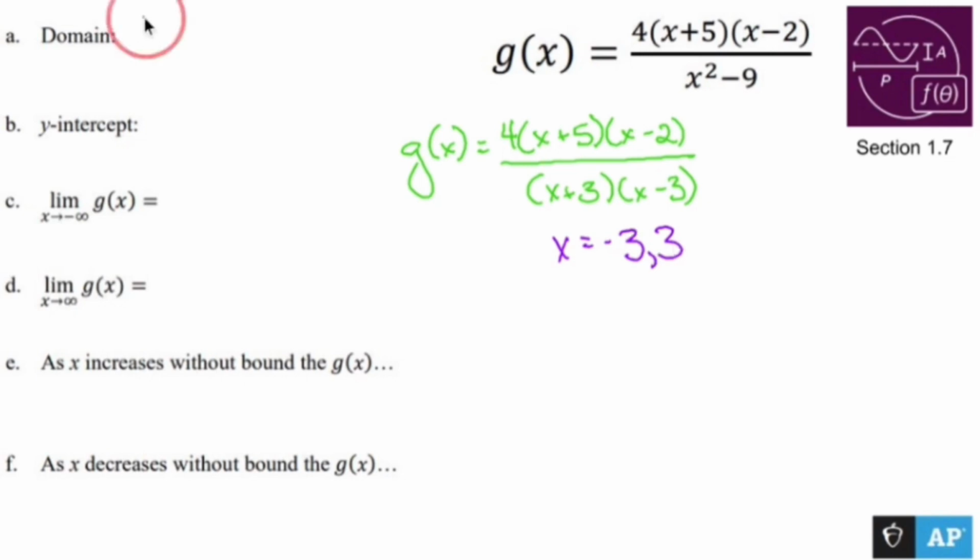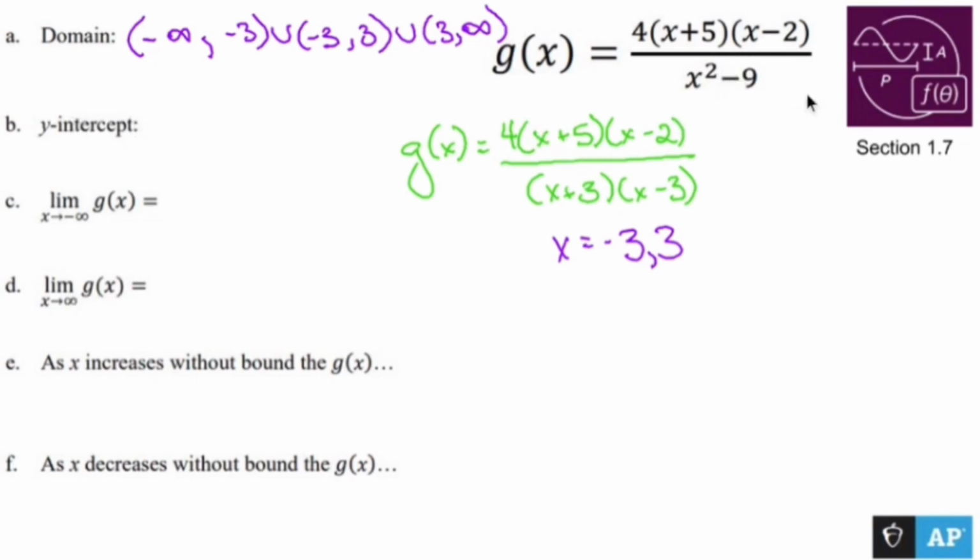So that gives me a domain of everything from negative infinity up to negative 3, not including negative 3, union negative 3 to 3, union 3 to infinity. Okay? That's the domain.